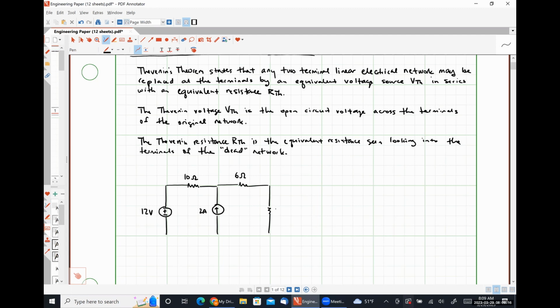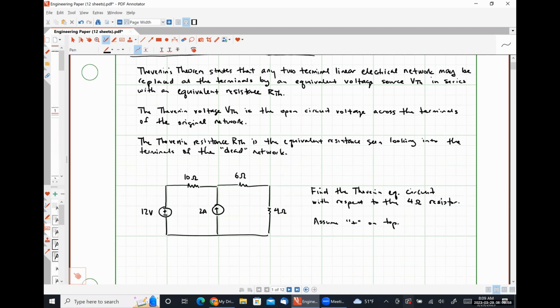And then a 4 ohm resistor here. Our goal is to find the Thevenin equivalent circuit with respect to the 4 ohm resistor. We are going to assume positive polarity on top for finding our Thevenin voltage.